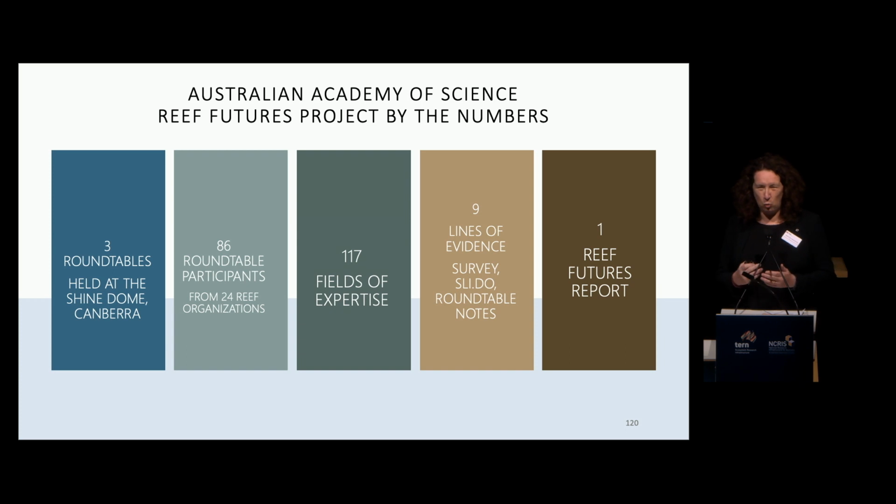Each roundtable was recorded, but it was purely recorded to double check, because in parallel to this process, ANU were running a study on how this worked, because it was a first, and from that they're going to be publishing, along with the Academy staff, papers on the methodology. And that all culminated down into, can you believe it, a 40-page report, which no one's going to read the whole thing unless you're in it, but the 2-pager will be out fairly soon, fingers crossed.